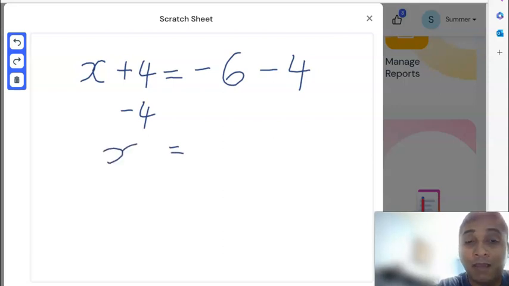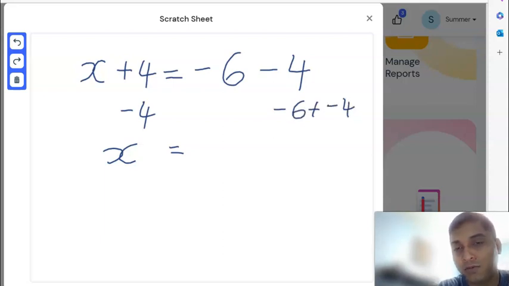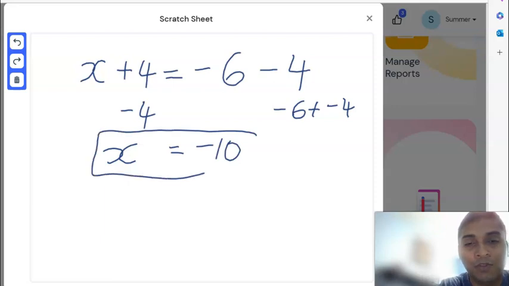You have to evaluate that. -6 minus 4, you add the opposite, -6 plus -4. When we evaluate the integers correctly, we get the answer. The x value would have been -10. That's why -10 plus 4 is -6.